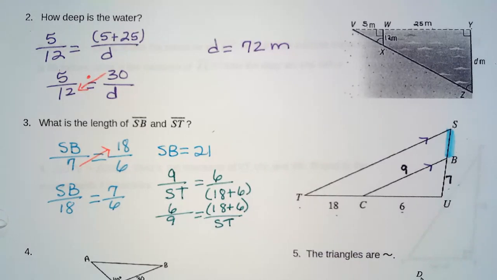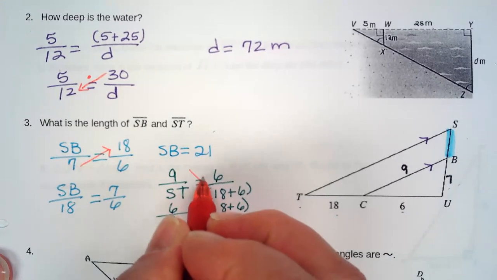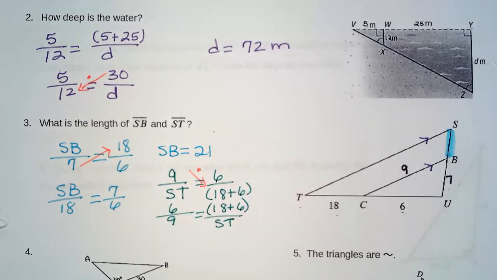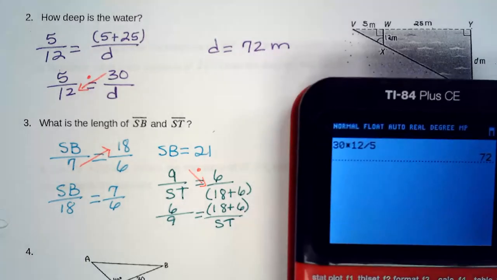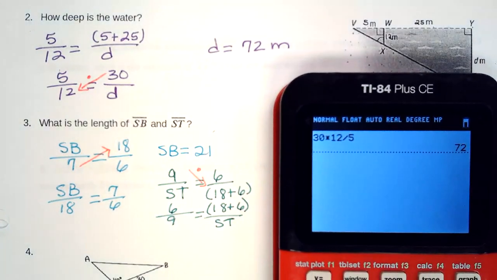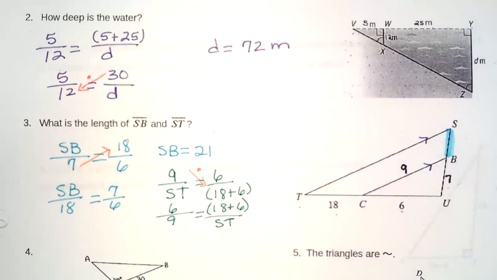You start by taking 9 and multiplying it by 18 plus 6. 18 plus 6 is 24. Divided by 6. Okay, now if I didn't want to do any of the math in my head at all, 9 times parenthesis 18 plus 6 parenthesis divided by 6. 36 is my answer.